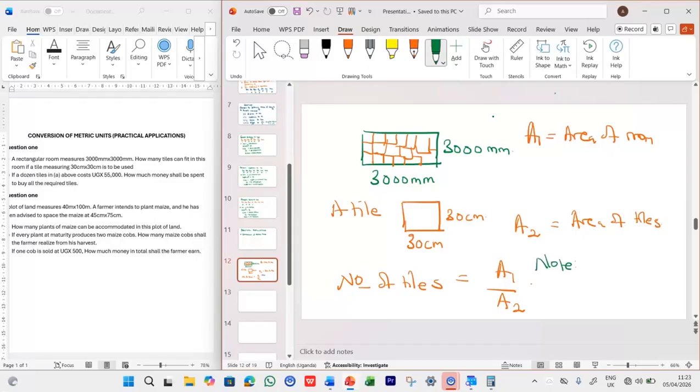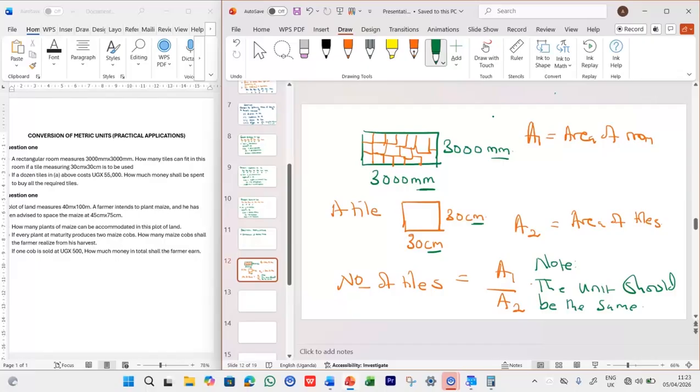Note that the units should be the same. What do I mean here? It means if you choose to use centimeters, then even this one should be in centimeters.